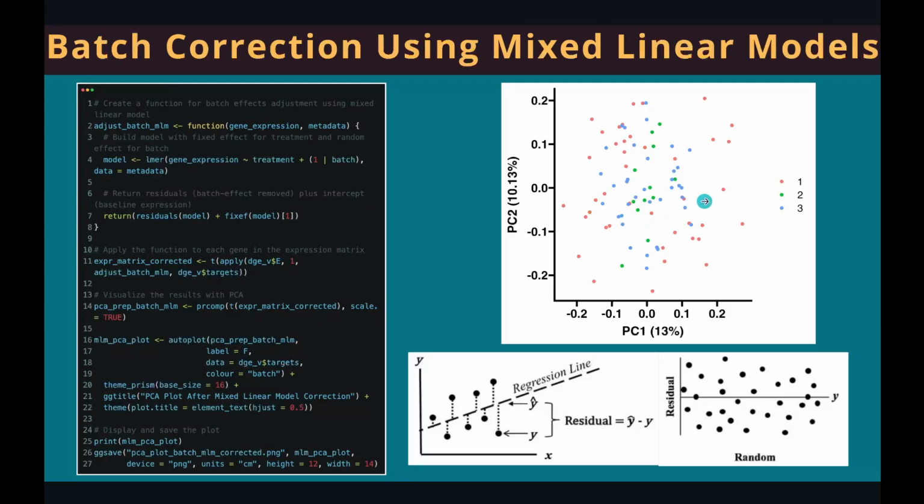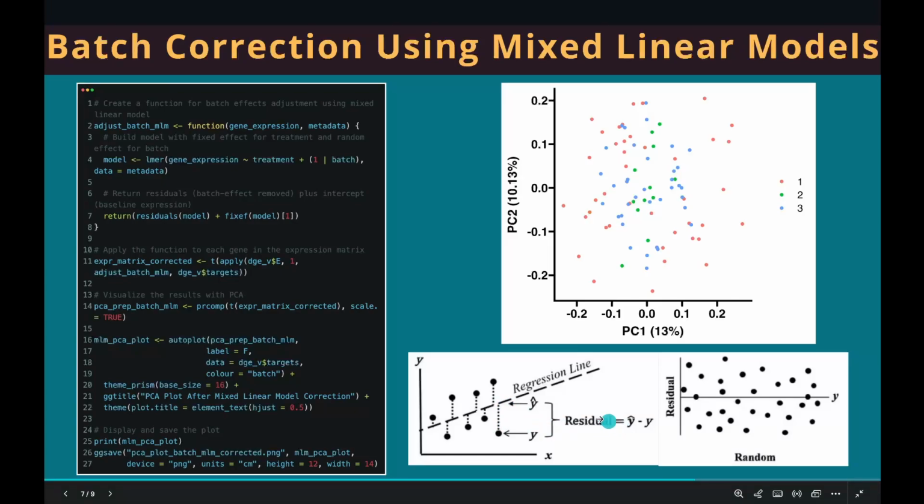As you can see, the results are pretty good. All the samples are mixed well, and you can't even tell the shapes of the different batches. So the rationale is like this. We model the treatment as well as the batch effects, and we only take the residual. What is residual?